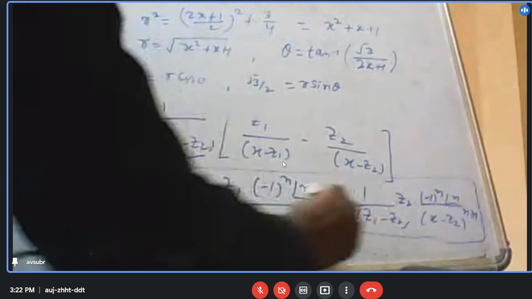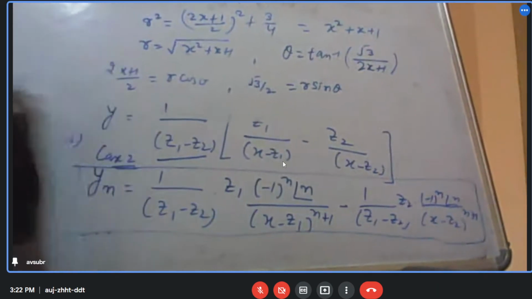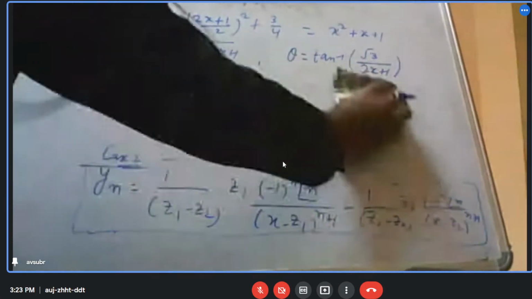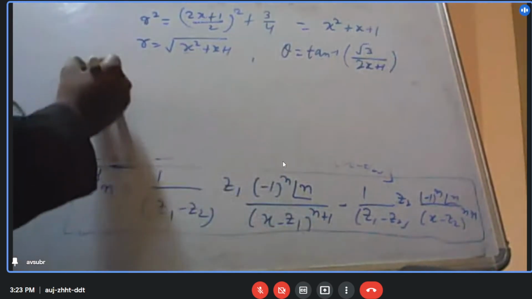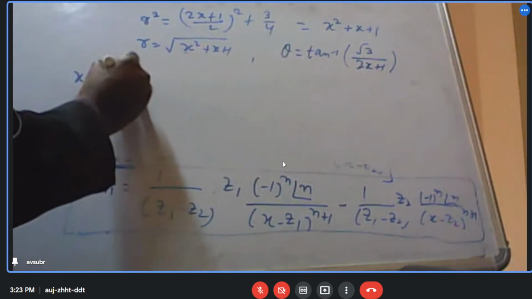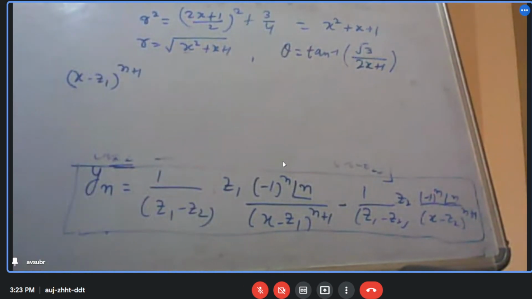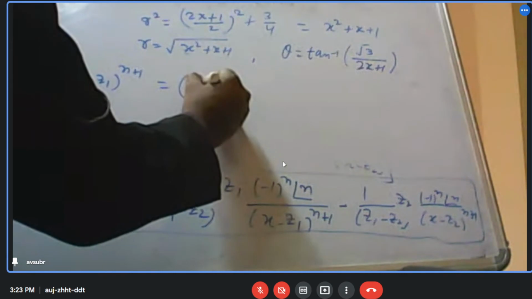We are simply trying to simplify it. So now x minus z1 to the power n plus 1. What can I write it as?